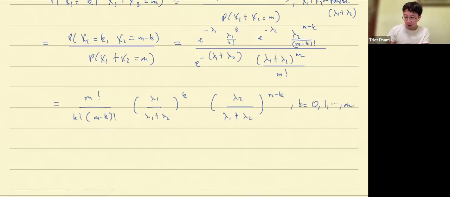The final touch is, what is this? That clearly is m choose k.